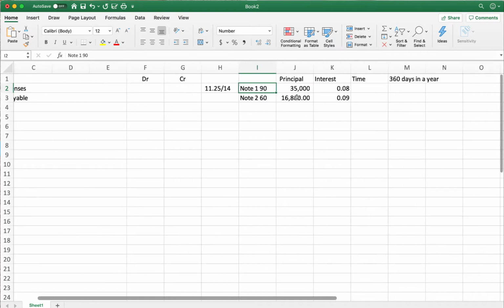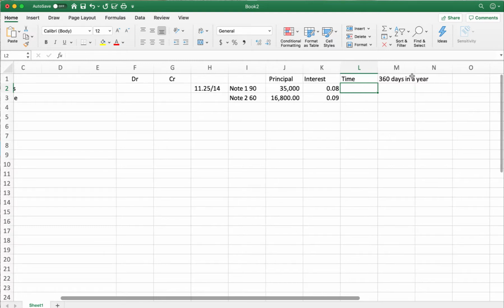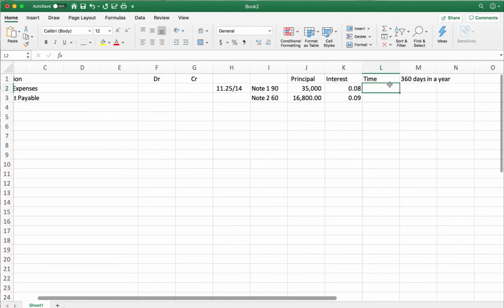So we need to recognize what's our time period, right? We already got our principal amount. We got our interest amount. What's our time? Now, because we're calculating interest, instead of using 365 days in a year, we're going to assume 360 days in the year. Okay? So let's think about that. From November 25th to December 31st, how many days is that?